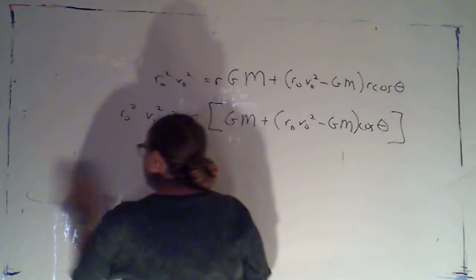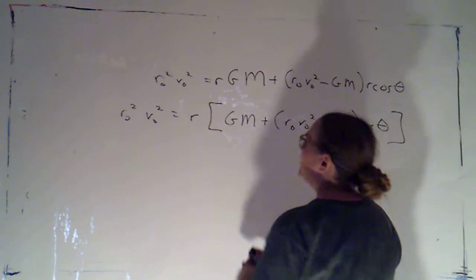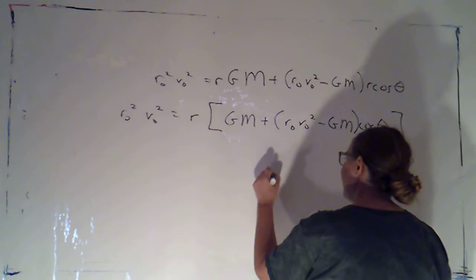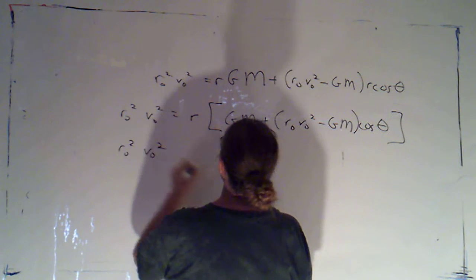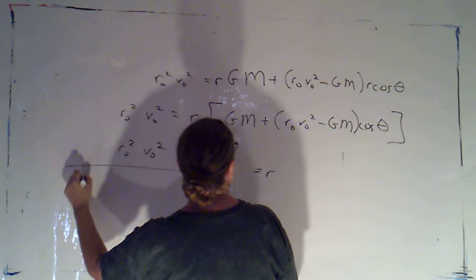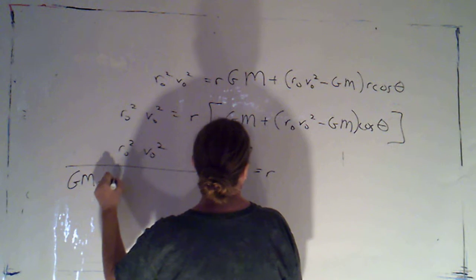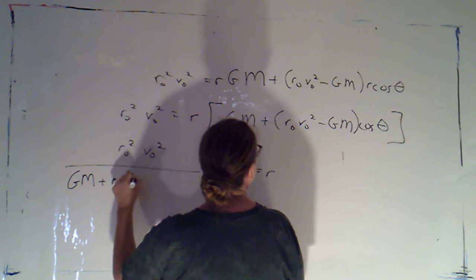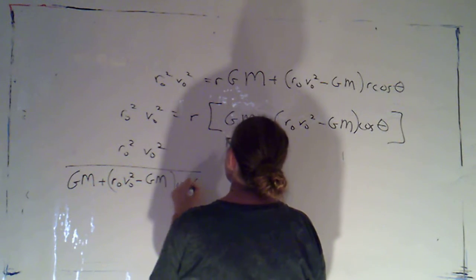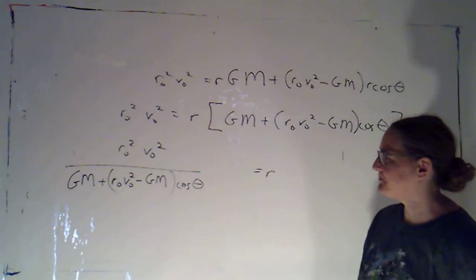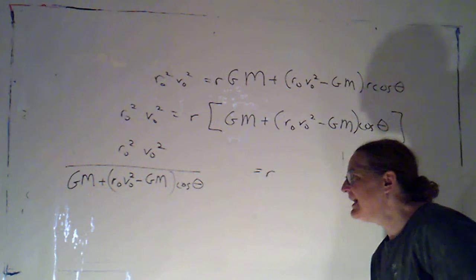Okay. So we will have r equals r naught squared v naught squared over GM, all over 1 plus (r naught v naught squared minus GM) copies of cosine theta.